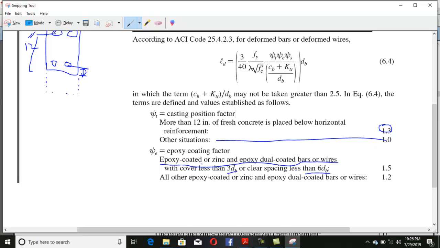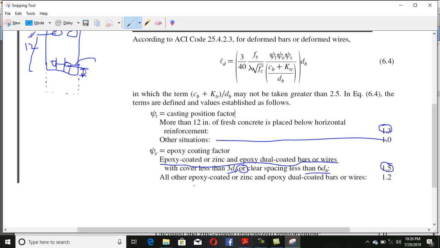You do the epoxy or zinc coating, but if your side cover or bottom cover is less than 3db, or the clear spacing between the bars, this is the clear spacing and this is the side cover, is less than 6db, not both, at least one, then you have to take this factor as 1.5.